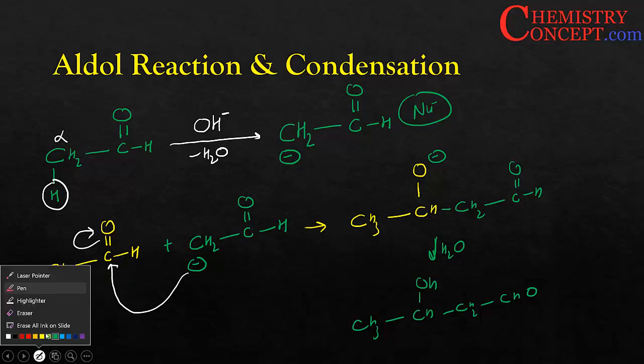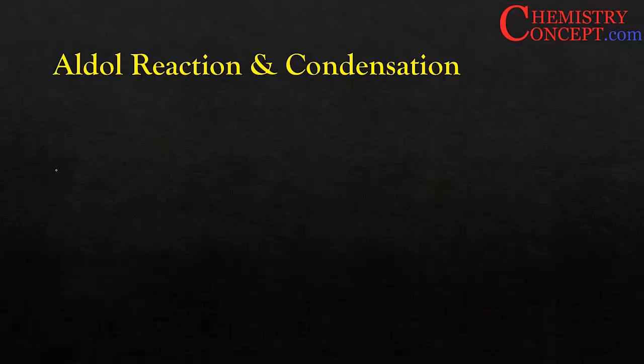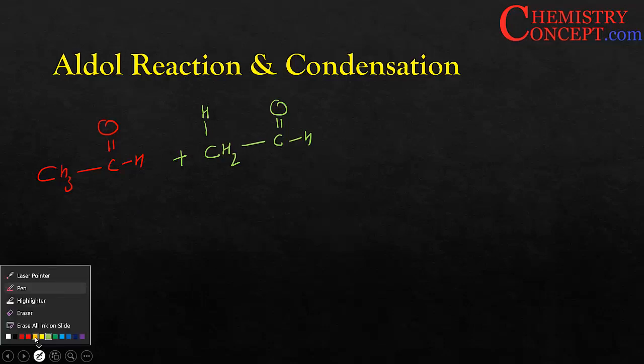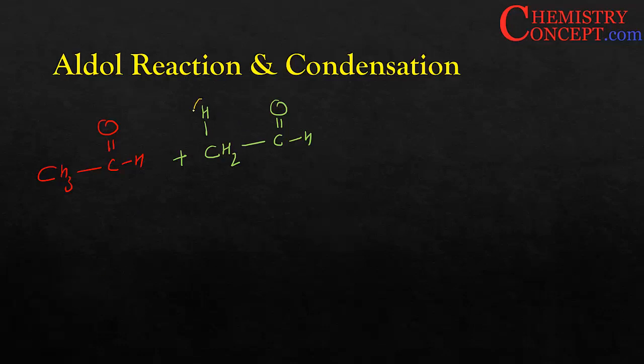Now, the short trick. What is the short trick to do? All you need to do is to write two molecules of the aldehydes side by side. It's better if you write one of the molecules in such a way. Done? Now, alpha hydrogen of one of the aldehyde molecules gets attached to the oxygen of another aldehyde molecule.